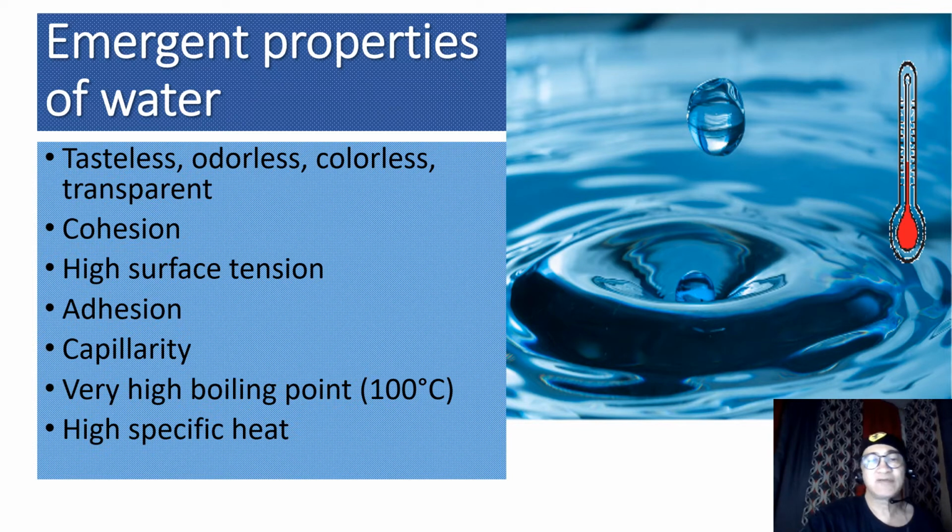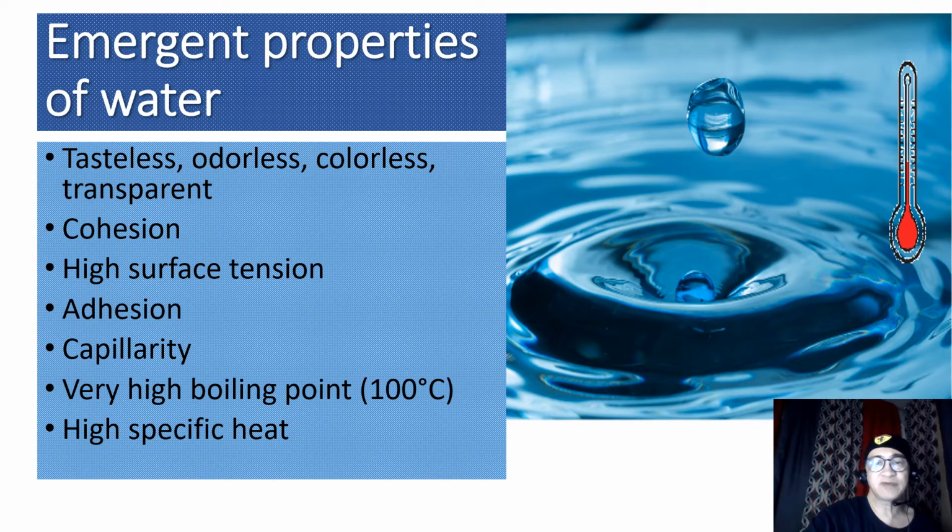Water also has a very high specific heat. That is, it takes a lot of energy to raise the temperature of 1 gram of water. And this specific heat and that of the boiling point of water enables many animals to regulate body temperature by regulating the distribution and evaporation of water from their bodies.